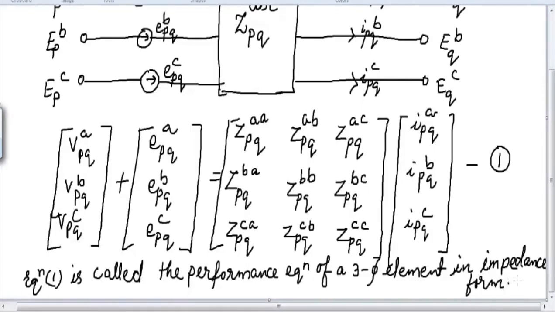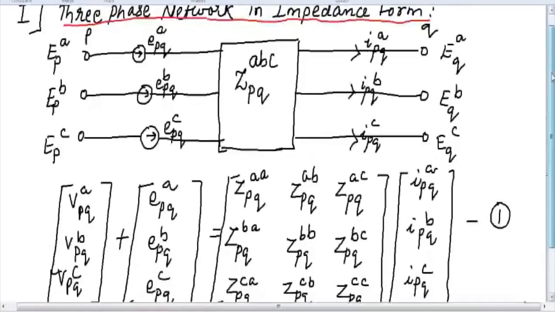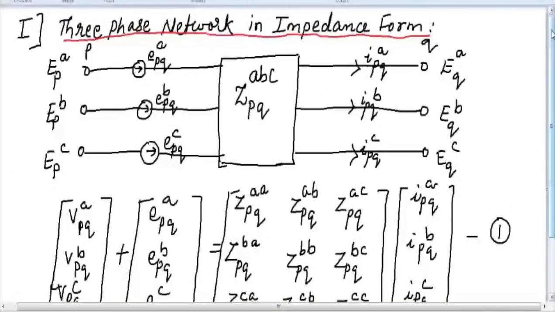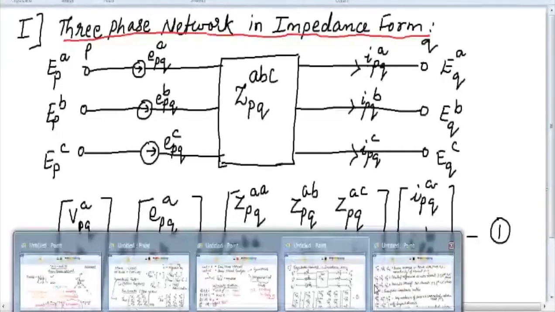Okay, so this is what we have in today's lecture. So I will summarize whatever things we have learned in today's lecture. In today's lecture, we have learned about the three-phase network in impedance form. So three-phase network in impedance form looks like as it is shown in this picture, where we have the various terminologies according to this equation.